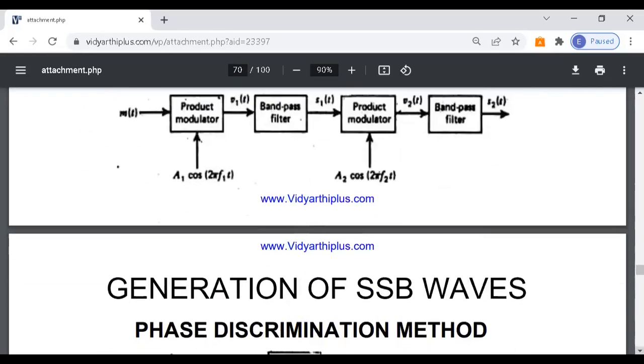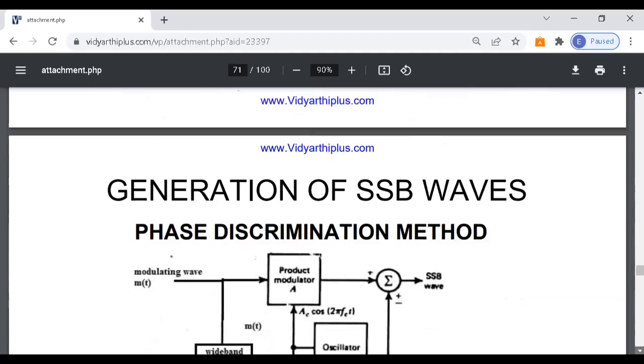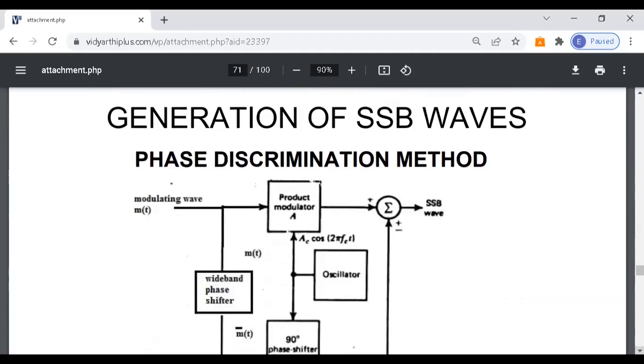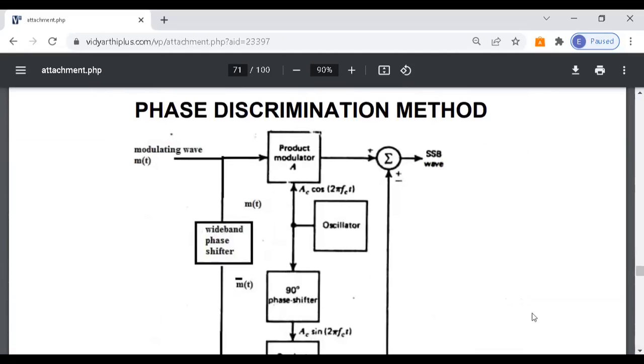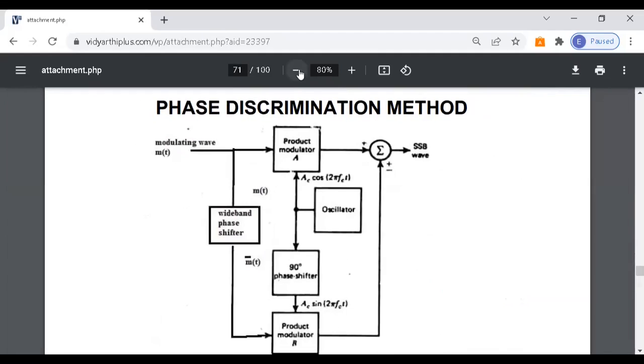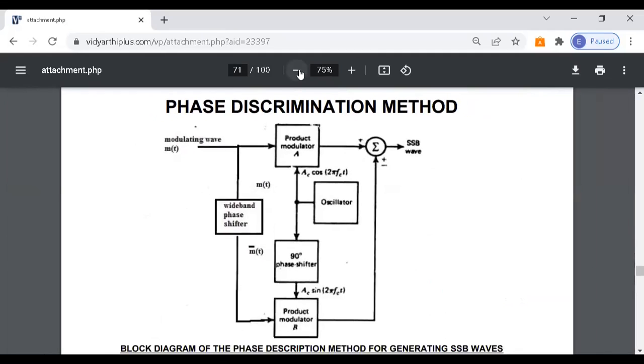Like I tell you, there are different techniques that we do it. So let's look at the phase discrimination method. All right. So this is what the signal is doing.